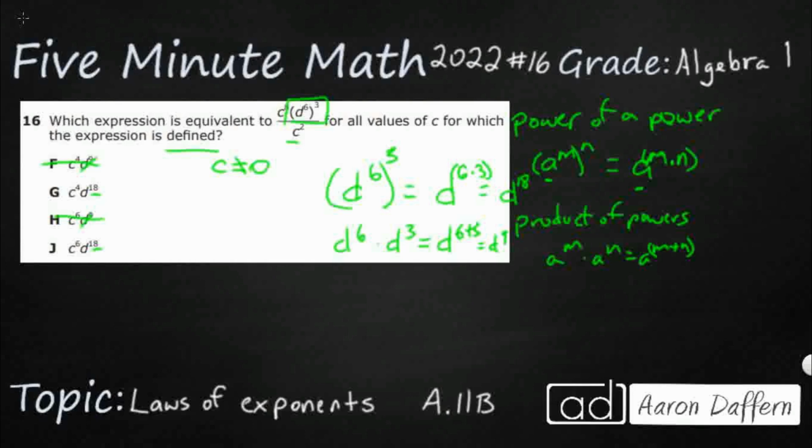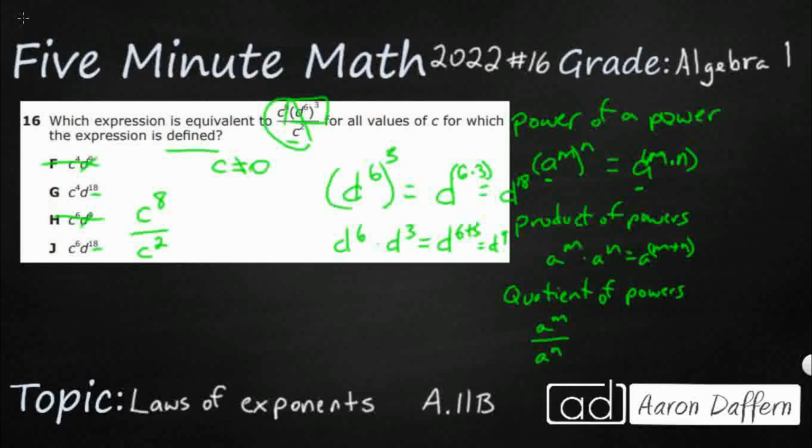Okay, so let's pull the c out of here. So it ends up being c to the 8th over c to the 2nd. This is called the quotient of powers. This also is on your mathematics chart or your reference material. So what we look at here is if you have a to the m over a to the n.